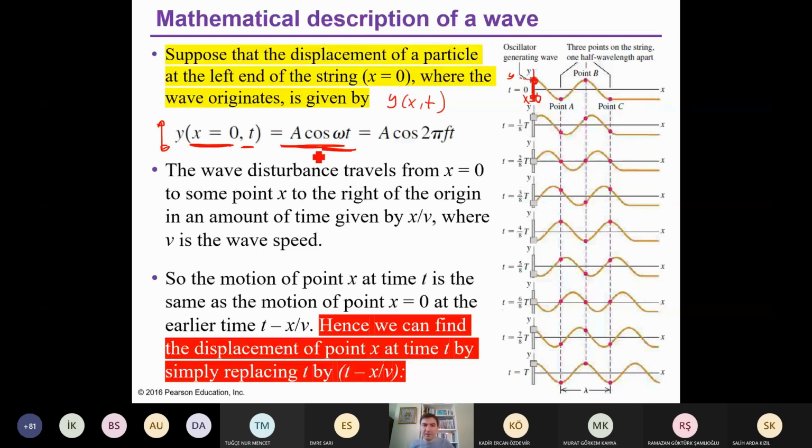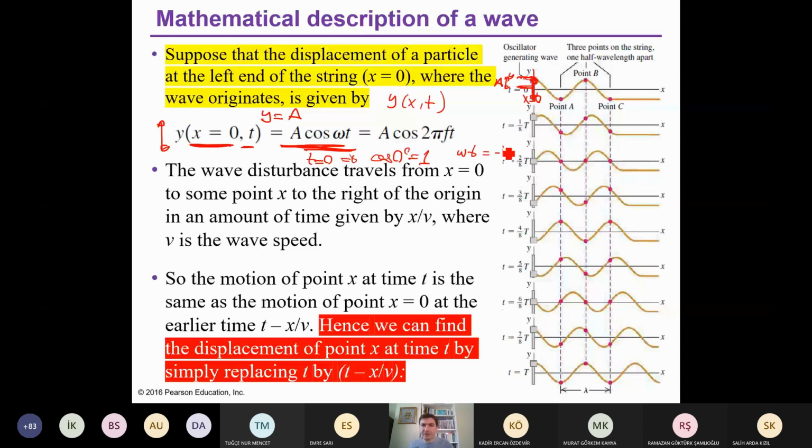When the time is 0, cosine 0 is 1, then y will be equal to A, the maximum amplitude. And when cosine omega t is equal to -1, then we will have a negative amplitude here.